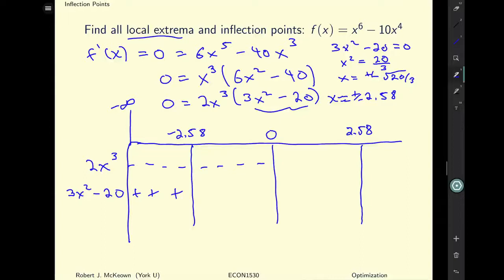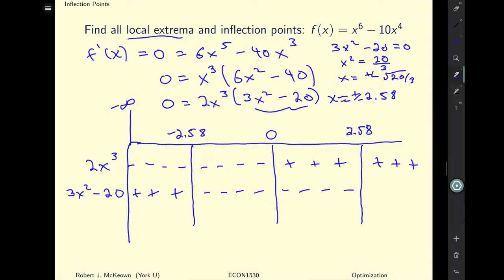If x is larger than negative 2.58, but less than 2.58 positive, then it's going to be a negative term. Of course, I forgot to finish off the top one. If x is greater than 0, the top one's going to be positive.